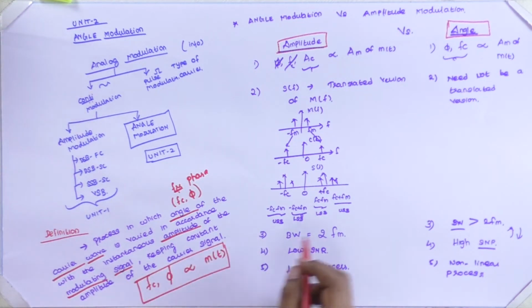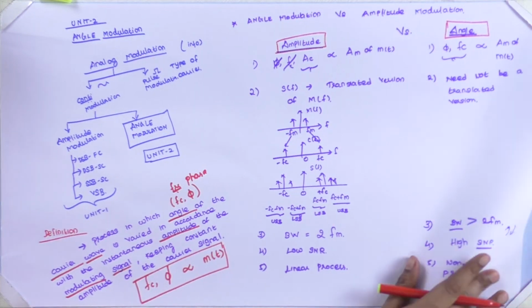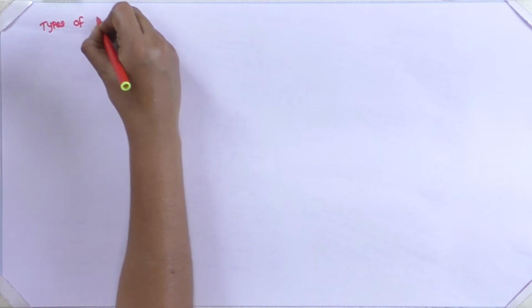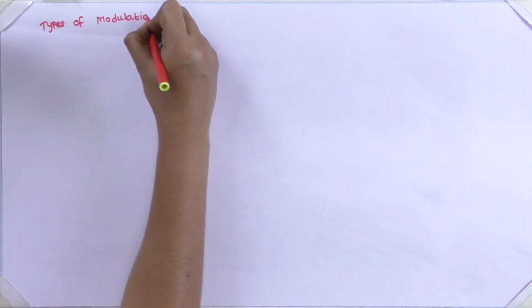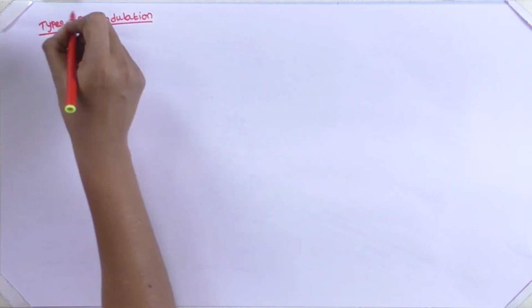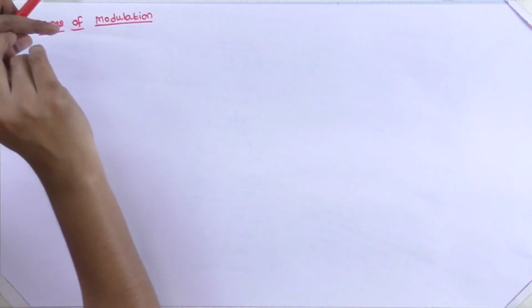Now we are going to see the types coming under angle modulation. The two classifications are frequency modulation and phase modulation.